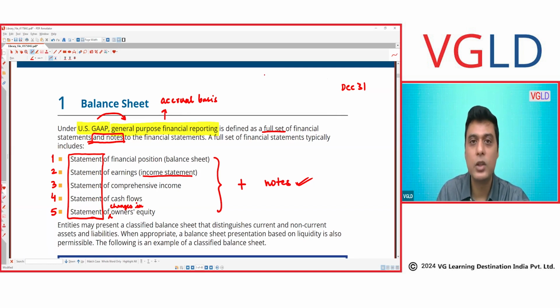Like in India, you have April to March as the financial year for companies. In the US, even companies still have a choice. India also had a choice up until the Companies Act 1956 was there. Then the Companies Act 2013 made it mandatory to follow the April to March year. Of course, exceptions are there, but that's the general rule in India for companies under the Companies Act 2013.